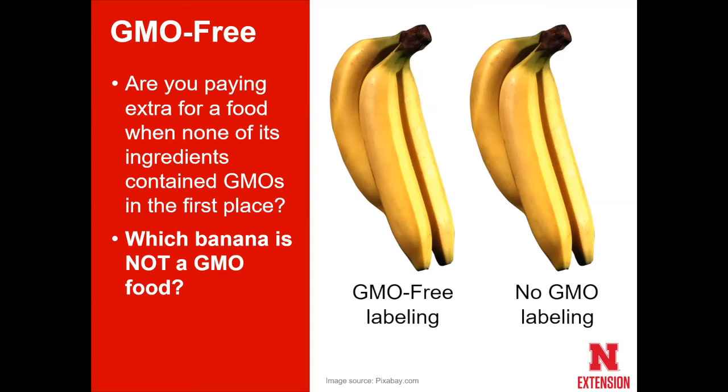Again, some people are looking for foods that are not genetically modified, but the food manufacturers have the ability to add that to their labels, even if the foods are not GMO. So in the case of bananas, they are not GMO to begin with. So whether it's on the label or not, you're not getting a genetically modified product.